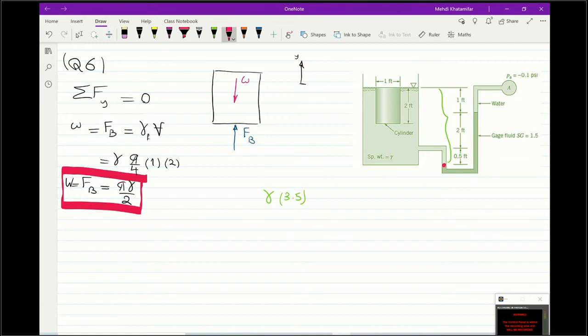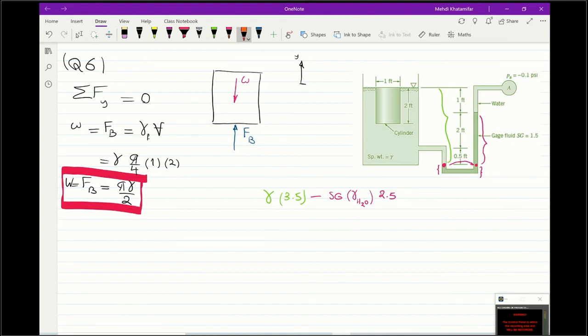Now I'm here. Same height, same liquid. We need to jump to this side. Then we have the pressure because of this liquid, whose specific gravity is given. Minus, because we're going upward, Sg, whatever that is, times gamma water times the height, which is going to be 2.5 foot.